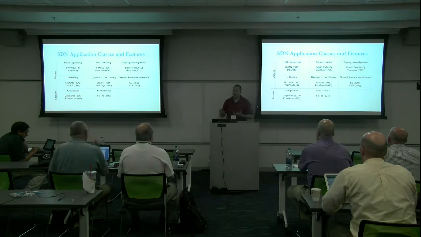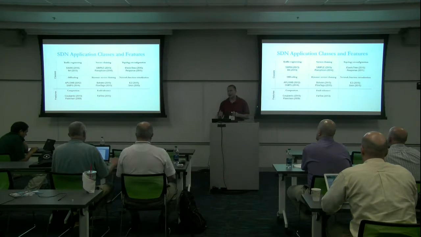In fact, the way we got into this work, this SNP stuff, is one of the things that we first did in this space. Basically, what we were trying to do is to get away from the perimeter defense notion of enforcing policy at the ingress points of a network, and instead push the enforcement into the network more pervasively, and in particular, potentially reroute traffic to different places in the network where there's spare capacity to do policy enforcement. We had to do that, of course, without adding too much latency to the traffic.